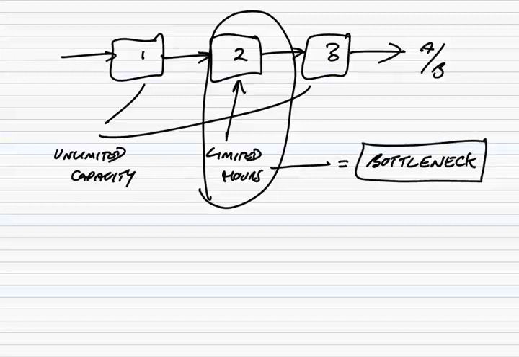So it is less likely to be mentioned, to be quite honest, but if there's any mention of a bottleneck resource or a bottleneck machine, that's the one that's causing us problems. That's the one that's slowing us down. That's the one where we've got limited hours.